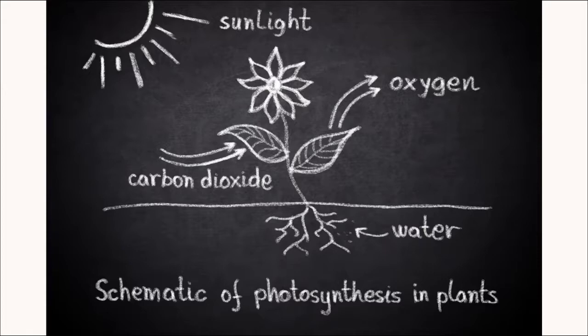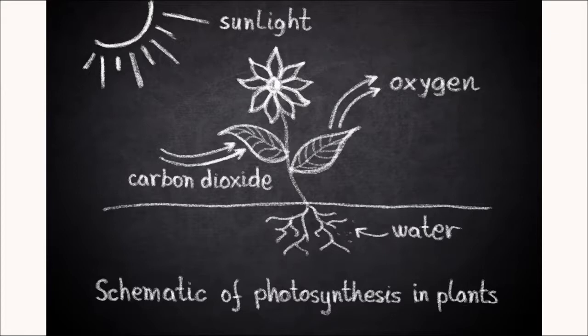Photosynthesis is what you see right here. It means plants create their own food. They need the energy from the sun, CO2 from the air, and water from the soil. All 3 of those components are really important. If you take any one of those away, they're just not going to thrive.